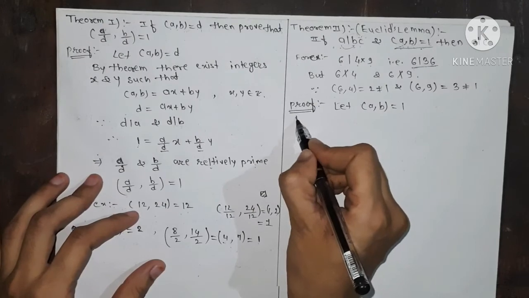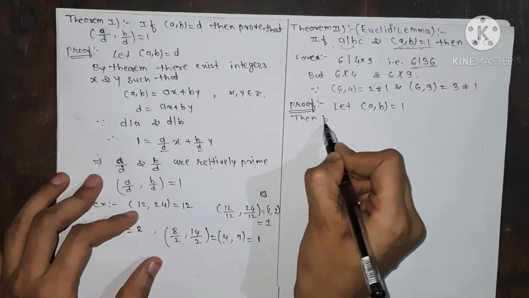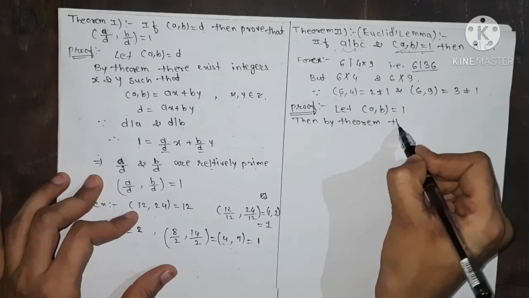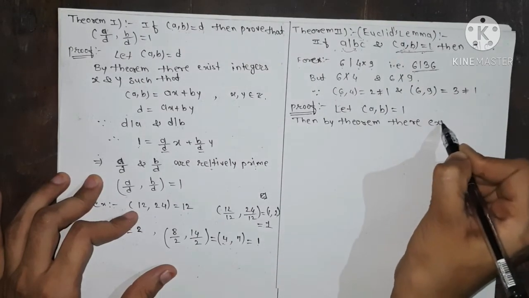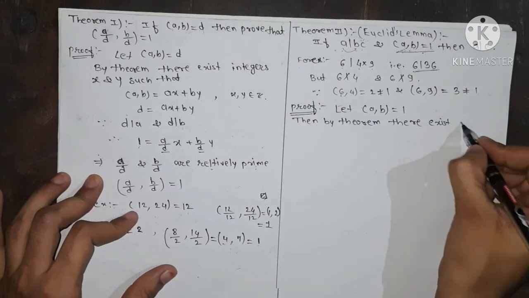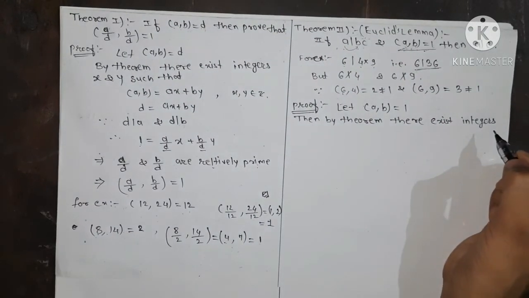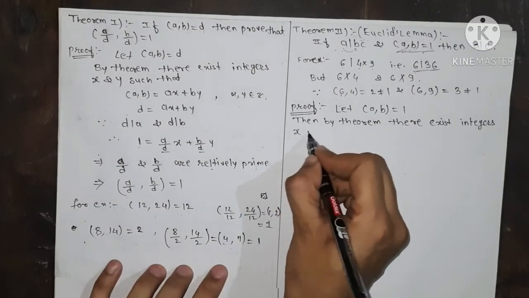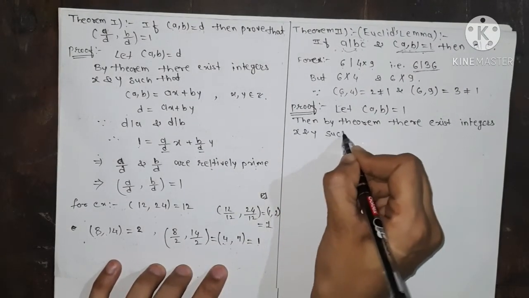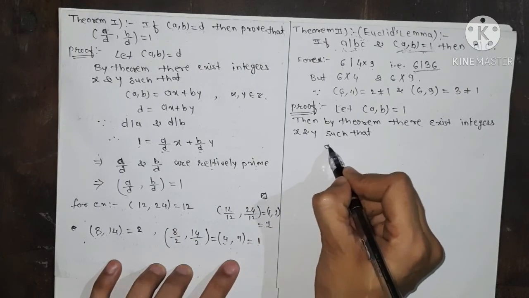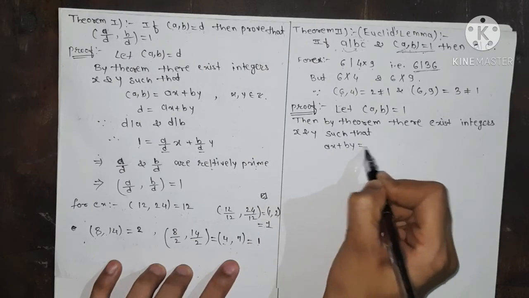Then by the earlier theorem there exist integers x and y such that ax plus by equals 1.